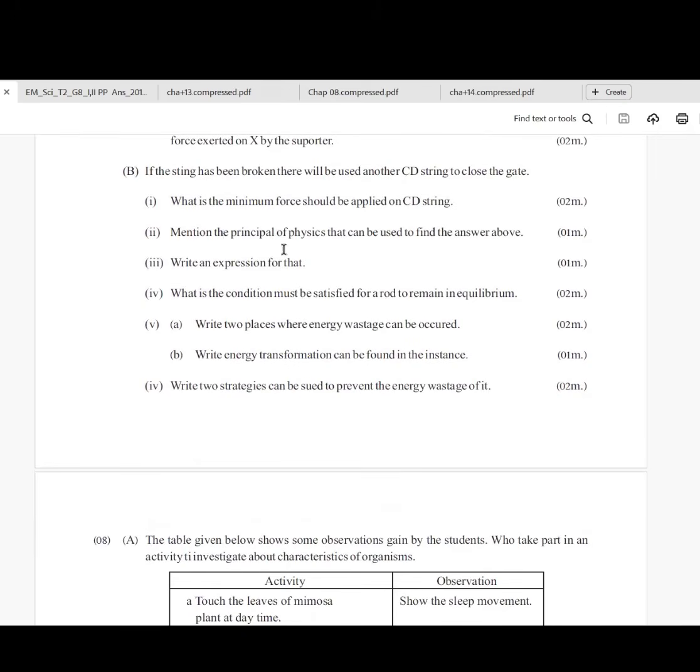Mention the principle of physics that can be used to find the answer above. It's the moment. Clockwise moment equals the anti-clockwise moment. Write an expression for that. Moment equals force multiplied by distance.